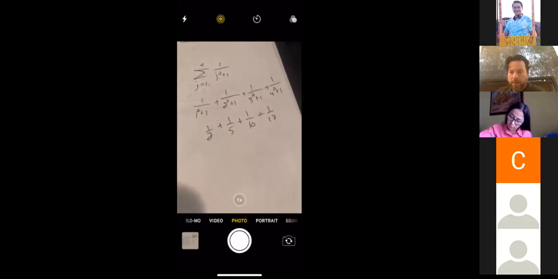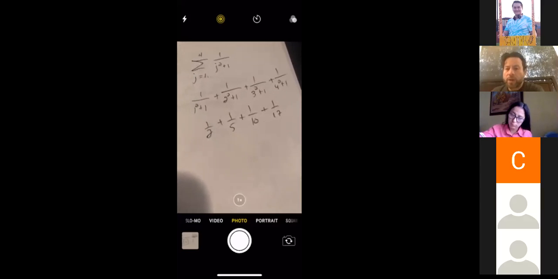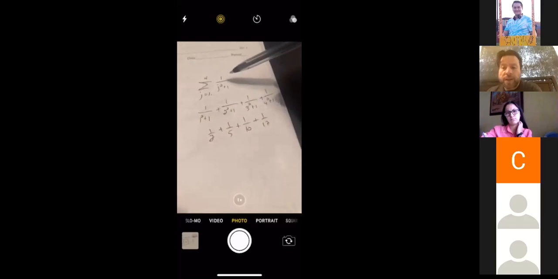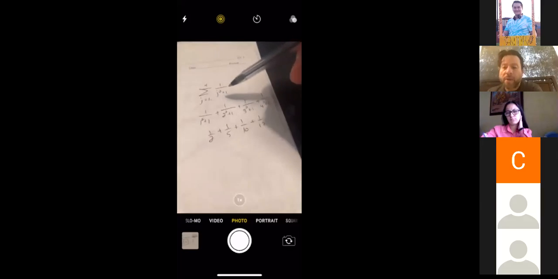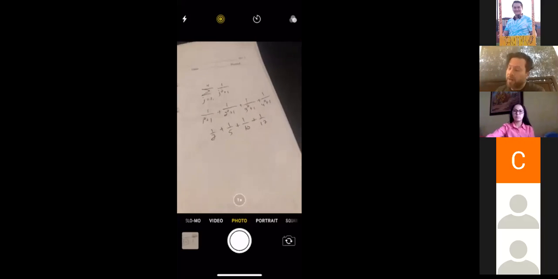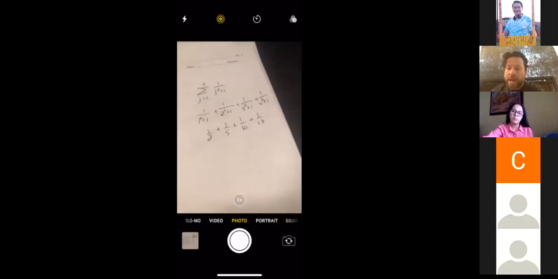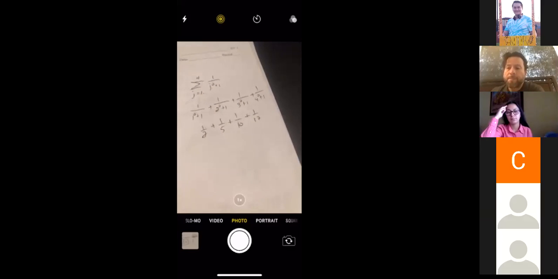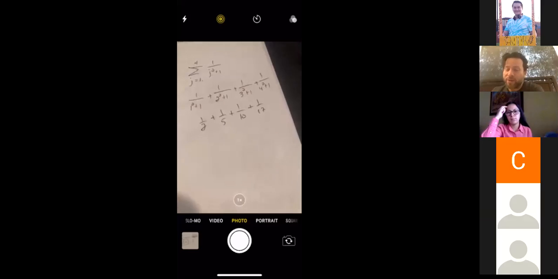Are you with me? In Calculus 2, which is one of the classes I teach at community college, we learn to add these to infinity. What is the sum of this thing to infinity? What is the infinite sum? Is it infinity also? Or is it actually a number? It turns out for this example, it's a number. And what is the number? Sometimes it's really difficult to find.